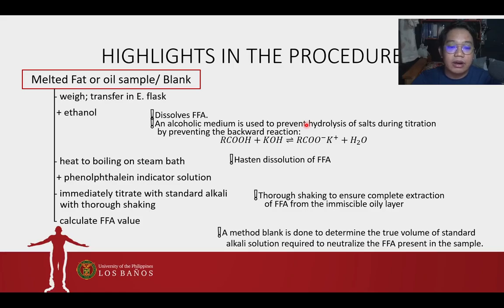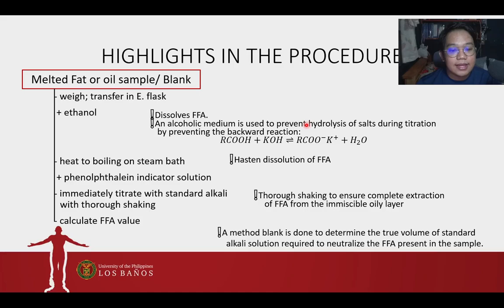Kasi pwedeng magkaroon ng spillage sa loob ng balance, so masisira yung balance natin. So ginagawa talaga natin is weighing by difference. Okay? So meron tayong amount of sample lang dun sa ating container na may dropper, medicine dropper. Then magta-transfer lang tayo ng amount of oil na naka-indicate dun sa ating procedure.